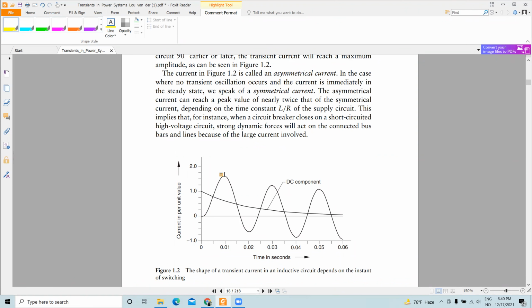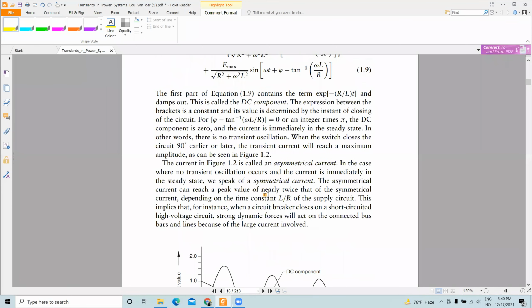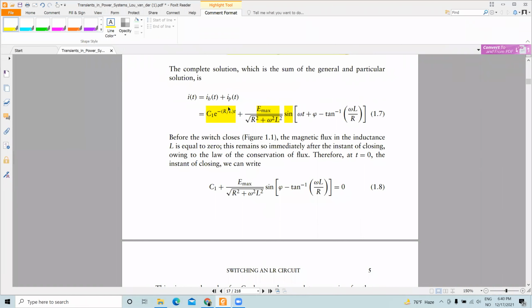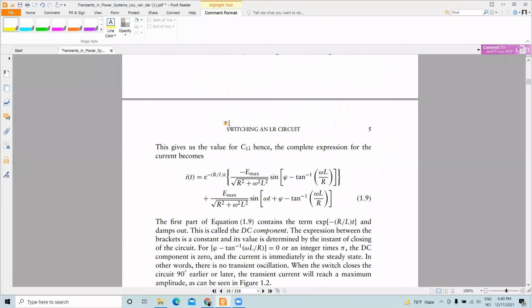So this short circuit current amplitude, the steady state part is high, and on top of that you also have a transient part, which in the beginning will be high, and then it will gradually damp out. This comes from, again, this C1 e to the power minus r by l t. Because of this e to the power minus r by l, it damps out.